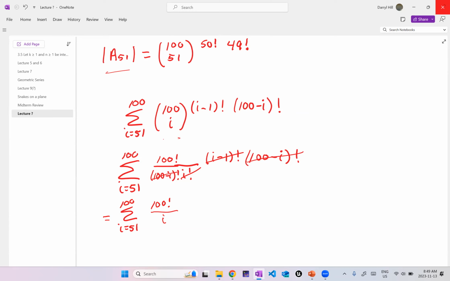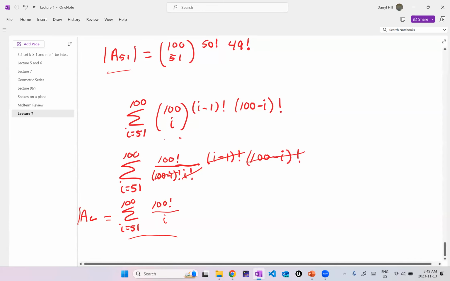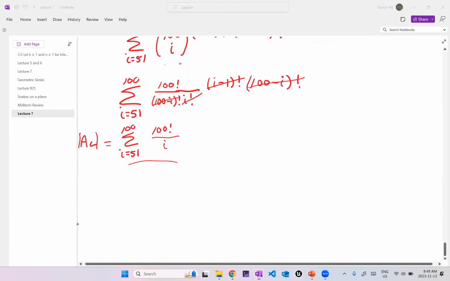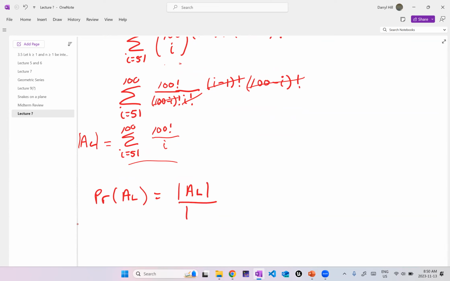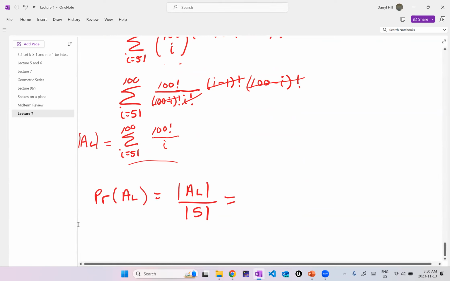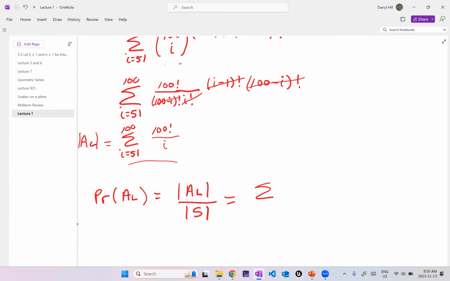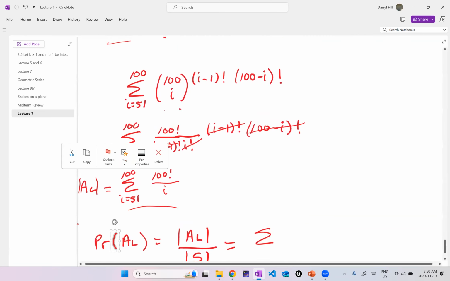This is not yet a probability, right? So this is the size of my set, let's call it AL for largest cycle. And now if I want to determine the probability, I want the size of this over the size of my sample space, which is this one here.